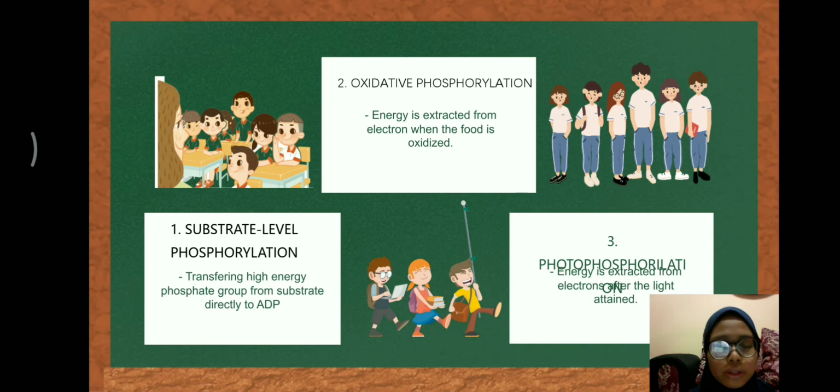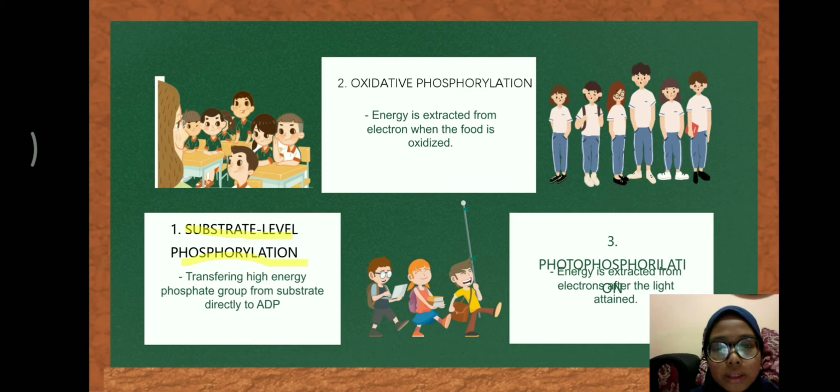So we will continue with three mechanisms to produce ATP. The first one is substrate level phosphorylation, the second one is oxidative phosphorylation, and the third one is photophosphorylation. So the first one, substrate level phosphorylation, is a mechanism used to transfer a high energy phosphate group from a substrate directly to ADP.